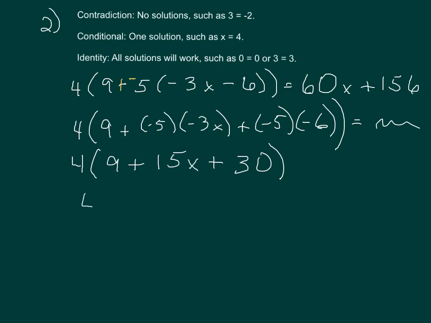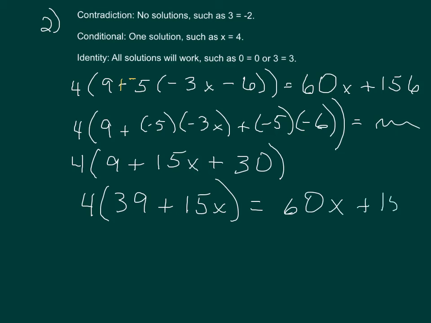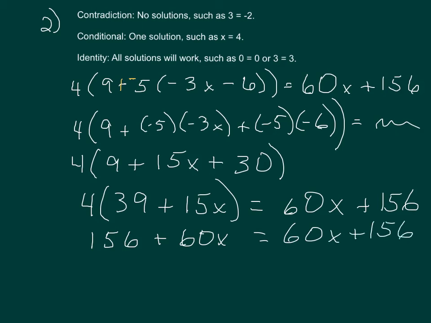So now we just combine the 9 and 30, and we get 39 plus 15x inside the parentheses equals, and now we'll go ahead and write what was on the other side. 39 times 4 is 156, and 15 times 4 is 60x. Now notice that we have exactly the same thing on both sides of the equation.